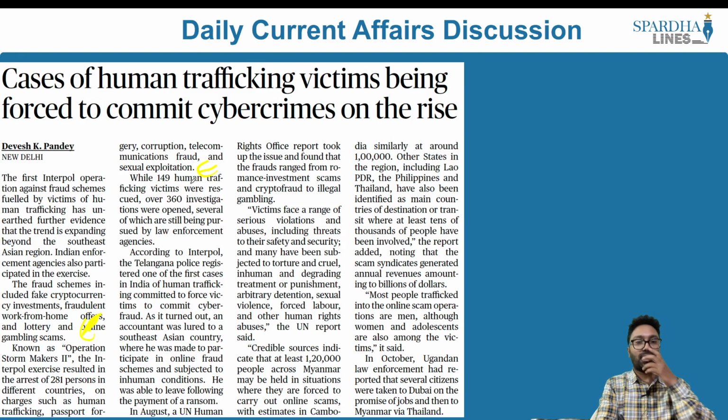While 149 human trafficking victims were rescued, over 360 investigations were opened, several of which are still being pursued by the law enforcement agencies. So basically a human rights office report took up the issue and found that the frauds range from romance investment scams and crypto fraud to illegal gambling. To prevent all this, the Interpol has come together and has created Operation Storm-Makers.